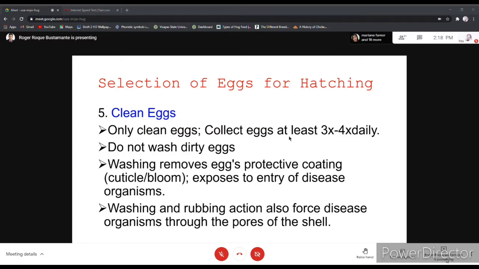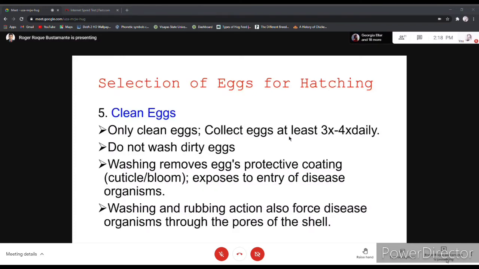So do not wash dirty eggs, like dipping them in water. You can remove the dirt, just like having a damp cloth, but do not press the egg or wash with a very wet cloth, because that will remove the egg's protective coating.